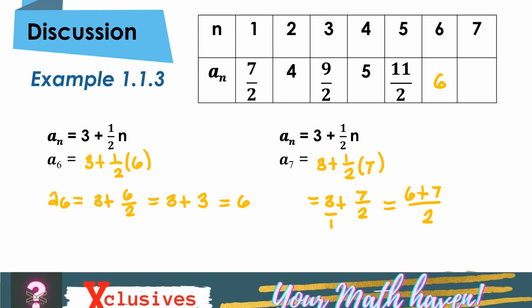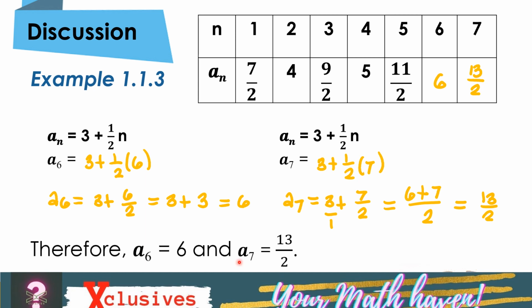Now simply copy 7. So 6 plus 7 is 13/2. And that is our 7th term. Okay, so I think we're done. Therefore, our 6th term is 6 and our 7th term is 13/2.